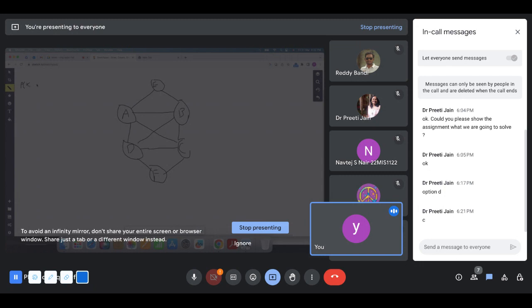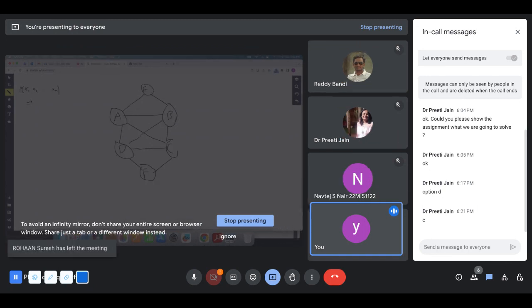In undirected graphical models, we have X1, X2, and so on up to Xn, and this is proportional to a set of functions, say phi c of Xc. You multiply this over c, right?